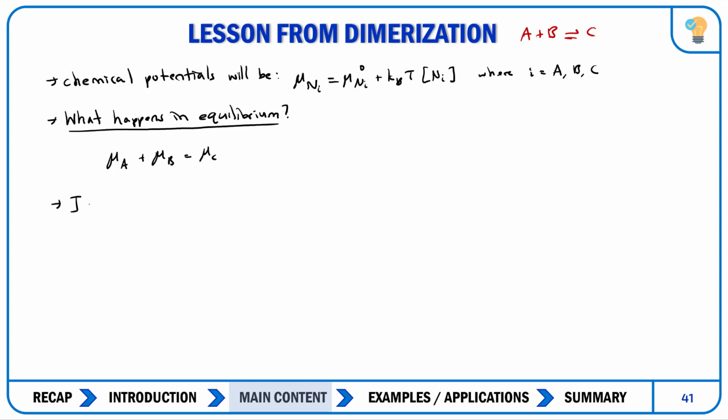So that if A is equal to B, then you end up with 2 mu A is equal to mu C, and therefore we can equate it to negative epsilon plus kBT ln of c, because that's the individual chemical potential for mu C. And over here, that is simply mu naught.